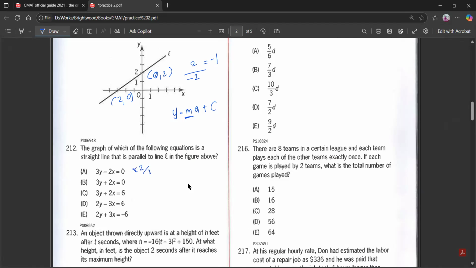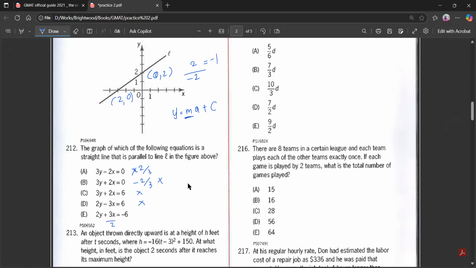No. Here minus 2 over 3. Not that. Divide by 3, it's 2 over 3. Not that. You can divide by 2, 3 over 2. Not that. If it is parallel, the gradient should be equal. Here, when you divide by 2, look at here, 2 over 3.